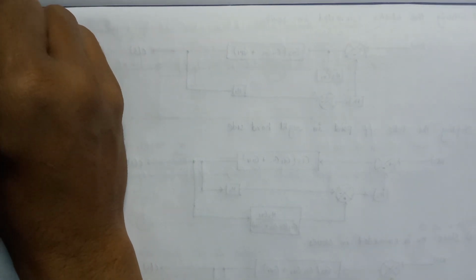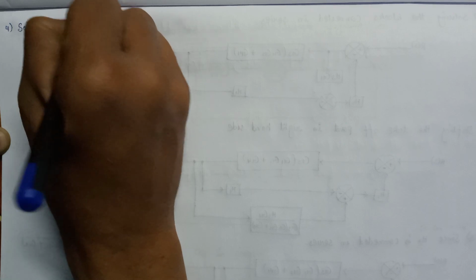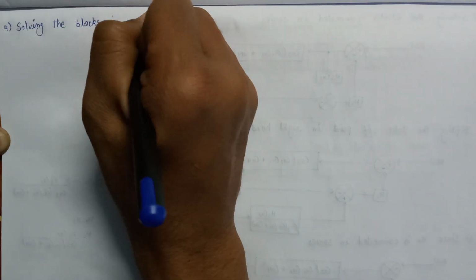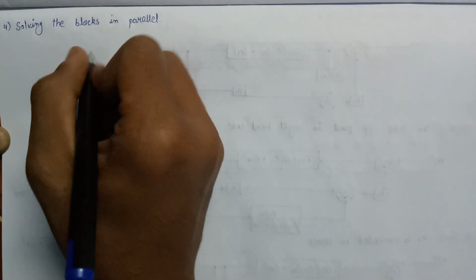So our next step, that is step number 4, will be solving the blocks in parallel combination.